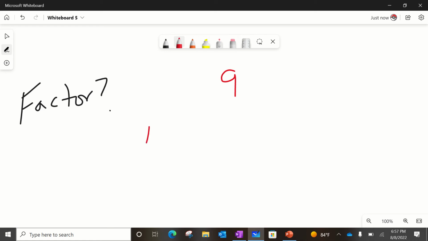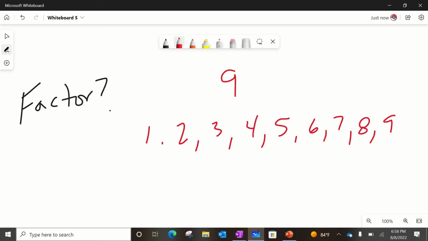So, we look at the numbers 1, 2, 3, 4, 5, 6, 7, 8, and 9. Now, factors will always include 1 and the number itself, because 1 can go into any whole number evenly, and 9 can go into 9 as well.